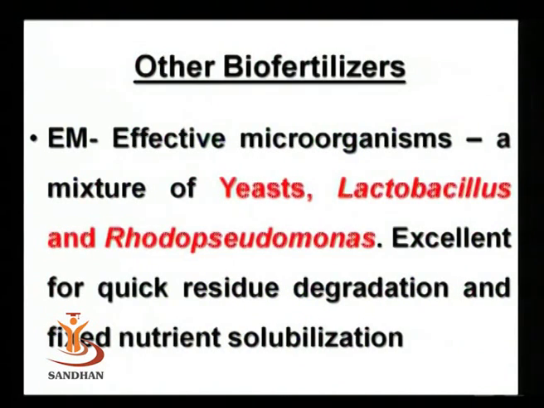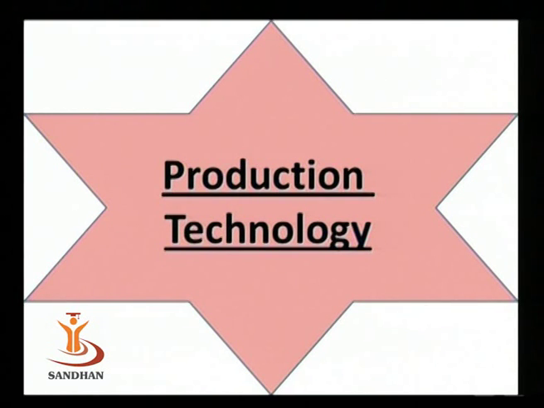So we have discussed all these types of biofertilizers. Up to this point, we have discussed the introduction of biofertilizer, what exactly biofertilizers are, and the different types of biofertilizer: nitrogen fixing bacteria, phosphorus solubilizing bacteria, then mycorrhiza, endomycorrhiza, ectomycorrhiza.